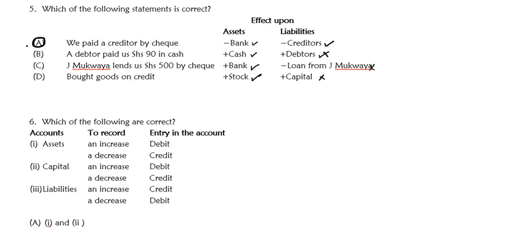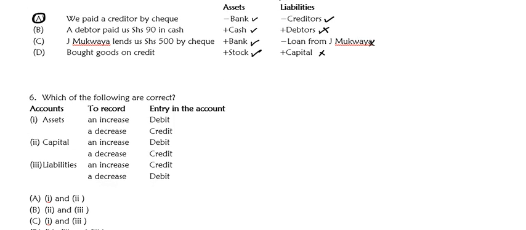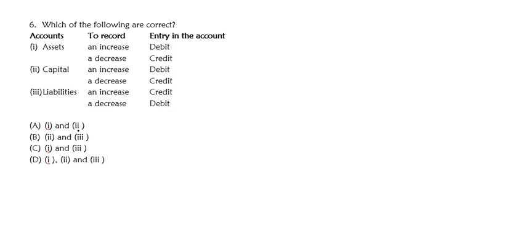When you pay a creditor, your asset, which is bank, reduces, and then the creditor, which is a liability, reduces. Which of the following are correct? Option 1, the account, assets, to record an increase, entry the account, debit.